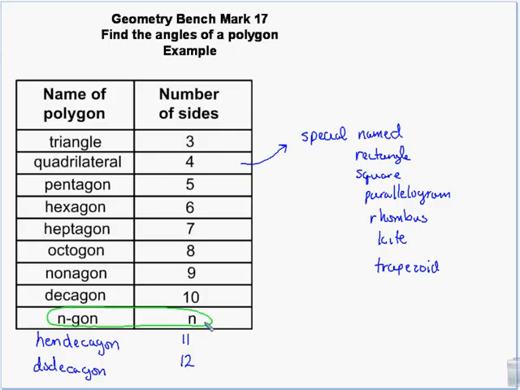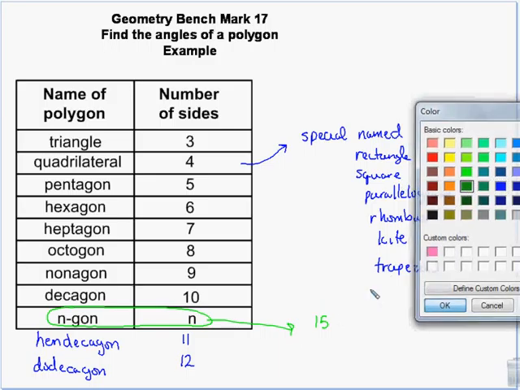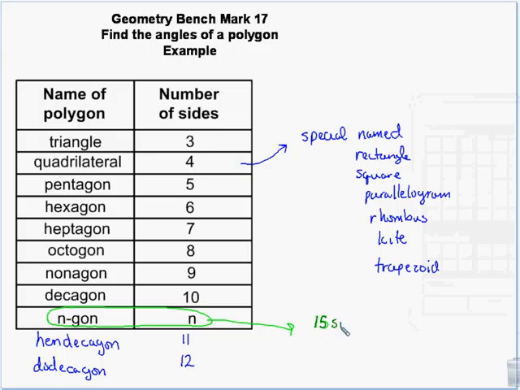Okay, n number of sides. So just for example, if you had 15 sides, you would call it a 15-gon. There is a specific name for it, but I do not expect you guys to learn all the names of all the possible numbers of sides. That's ridiculous. So you would just take the number of sides and put a hyphen and a gon.